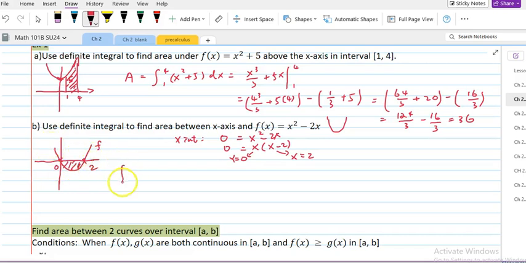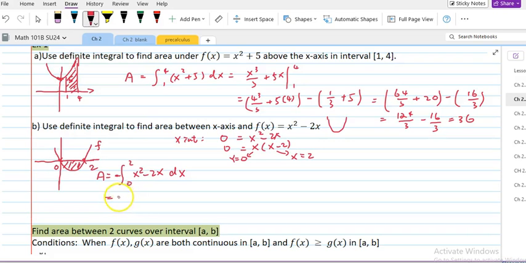So if I do the integral of just x squared minus 2x from 0 to 2, I will have a negative area, because the definite integral gives net area, which subtracts the negative area. So if I actually want to find the area, I would need to multiply it by negative 1. So I would force the negative to be a positive, right? So that's what I'll do if I see this is below the x-axis.